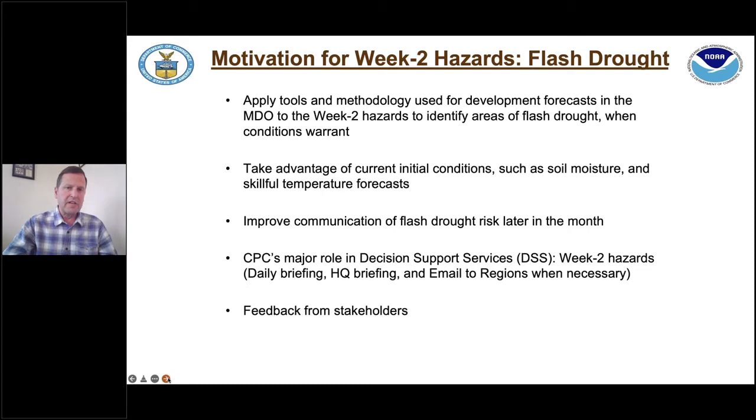So, taking advantage of current initial conditions such as soil moisture, and also the skillful temperature forecast on the week 1 and week 2 time periods, we're using that to develop a week 2 flash drought hazard, and we're pretty close to implementing that. Hope to do that in May or June.